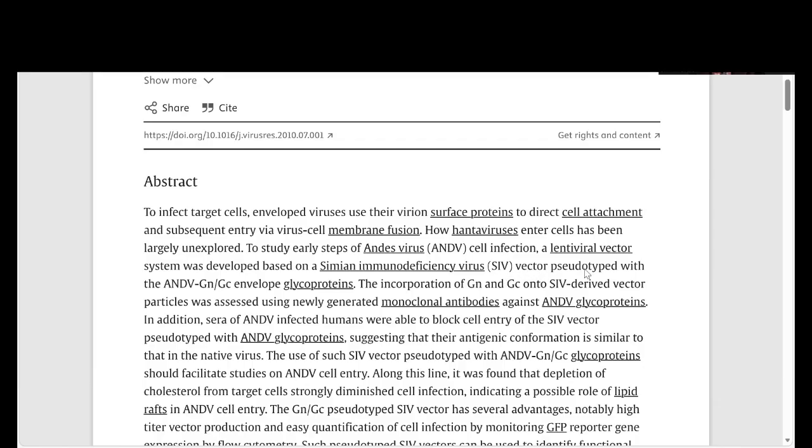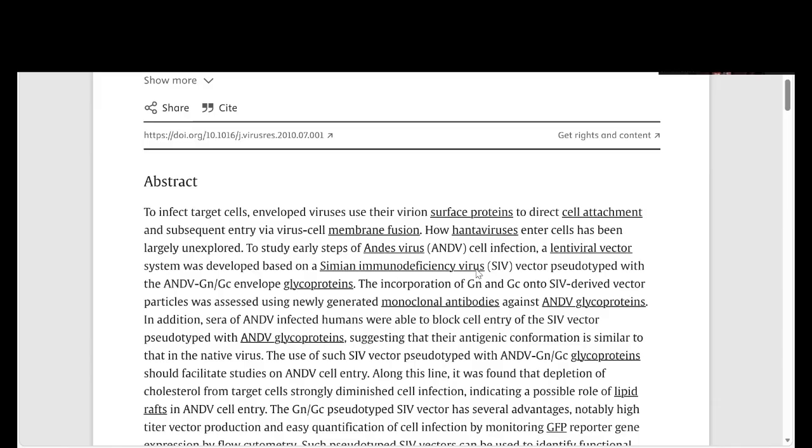So they created this vector pseudotype with the ANDV, so this is the Andes virus, GN/GC envelope glycoproteins. So what they did was they took this pseudotype vector, SIV, and added in the spike from the Andes virus. And that now is the spike for the SIV virus, the vector.